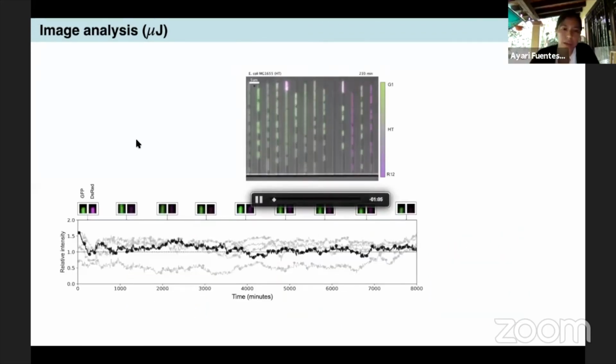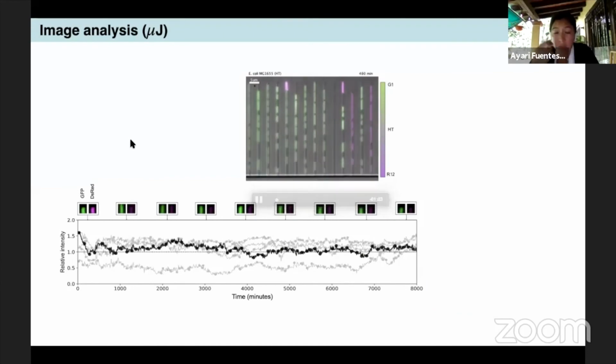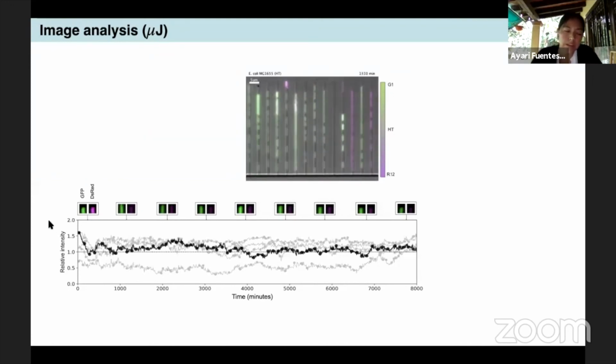Now, if we measure it through time, which is part of the interesting thing about microfluidics, that we can have really long time lapses, what we see here is that each of these lines is one mother cell, and all of these points are when they divided. So we measure the relative intensity within division to see the difference in the segregation of the plasmid.